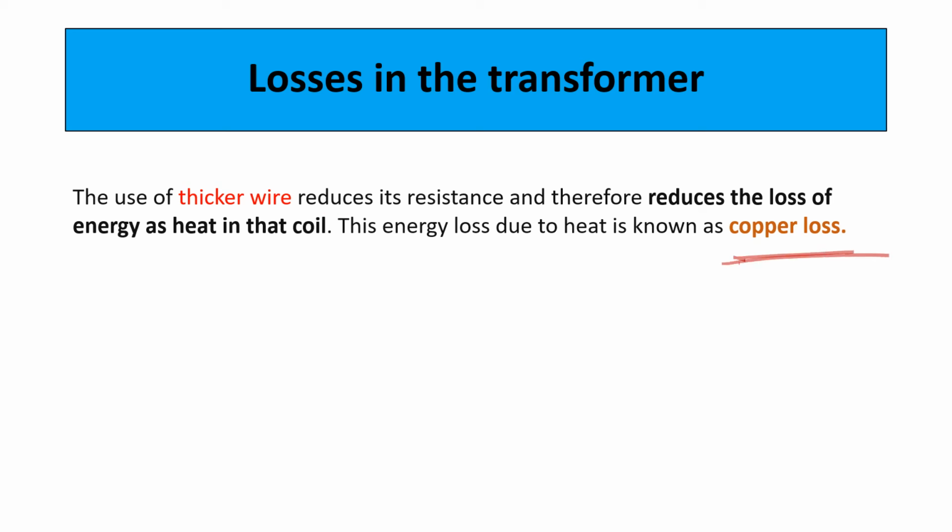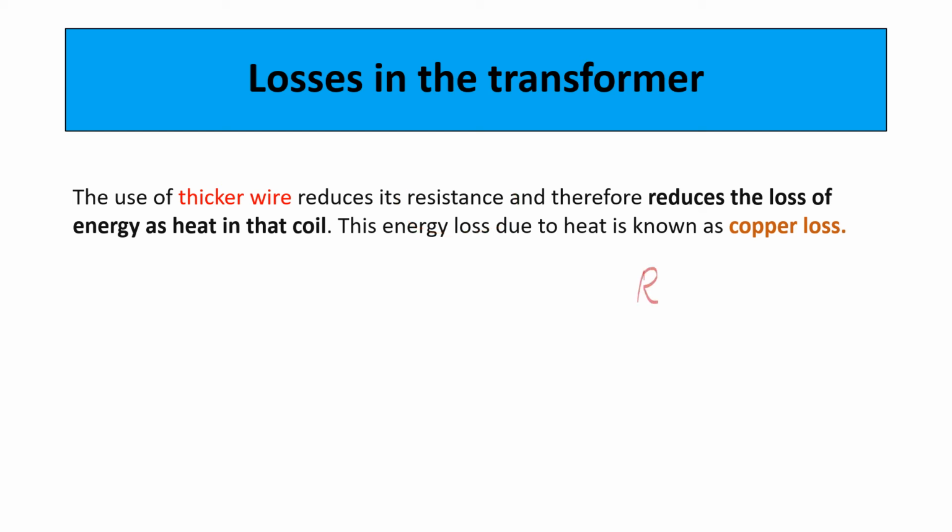This copper loss comes from the resistance of the copper wire which is used for winding. If this resistance is low, then this copper loss can be minimized.